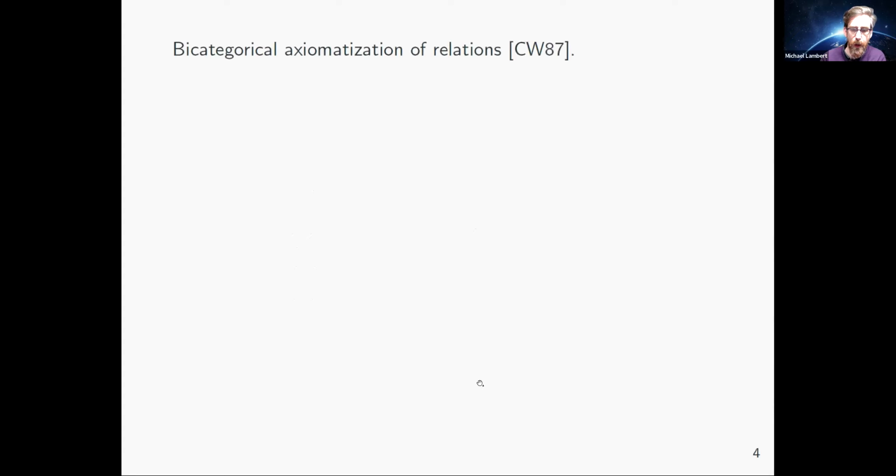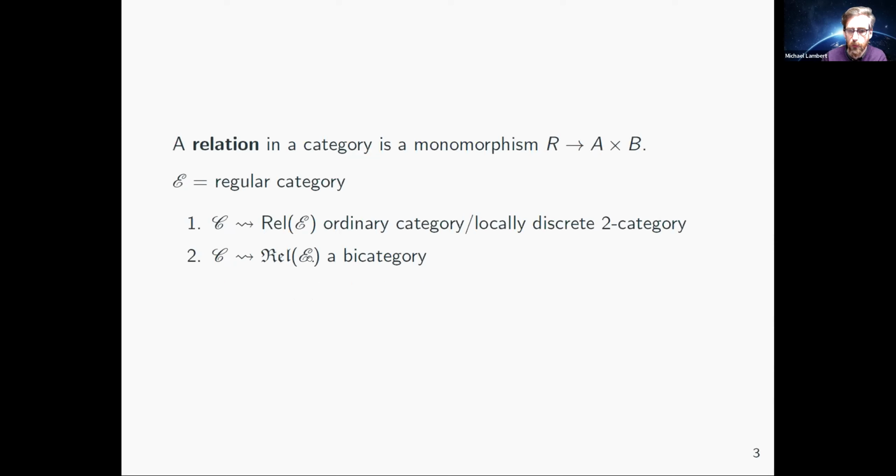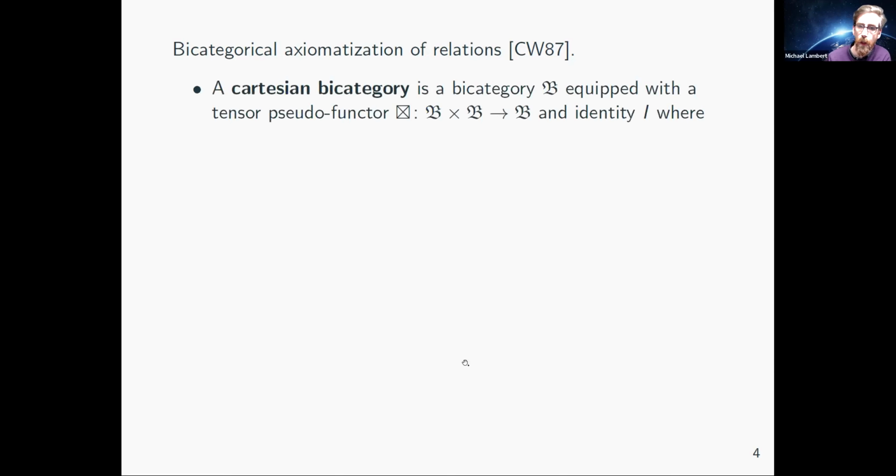And so there are a variety of ways of axiomatizing in an elementary way, at least the bicategorical version of relations on a regular category. One in particular that I want to focus on is the bicategorical axiomatization due to Carboni and Walters.